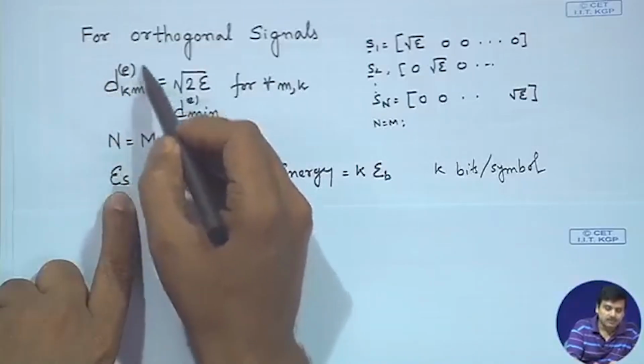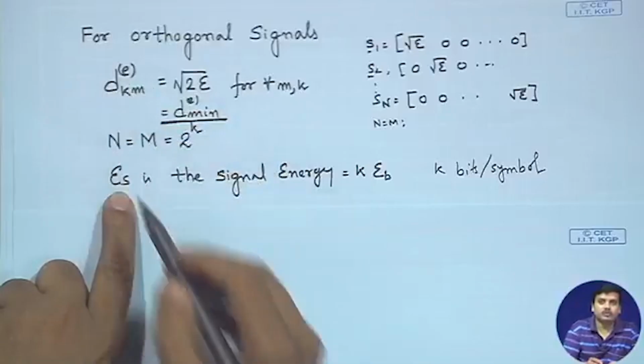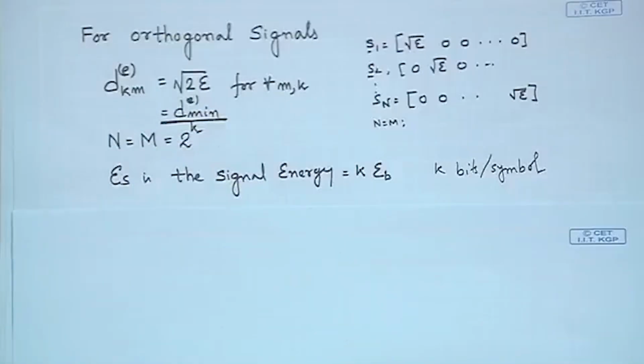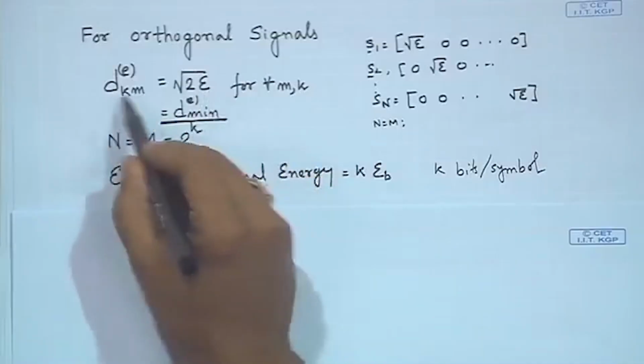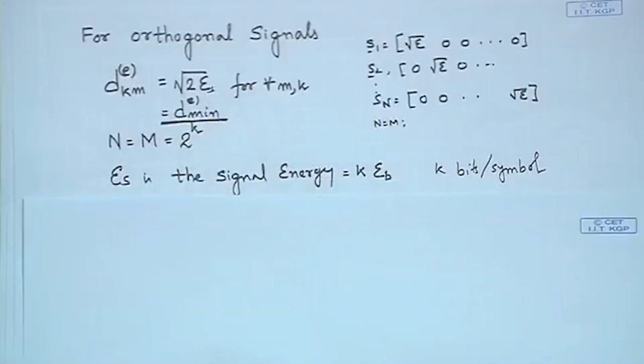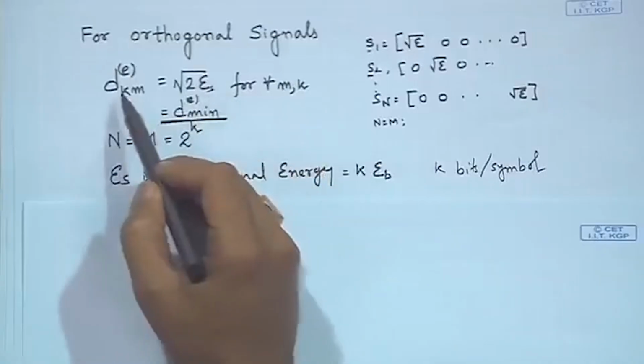If d increases, that means the probability of error decreases. So, that is a straightforward thing. If I increase k by keeping Eb constant, I am increasing the total energy, because Es is equal to k times Eb. Now, if Es increases, d min is root over 2 Es, so the distance increases.